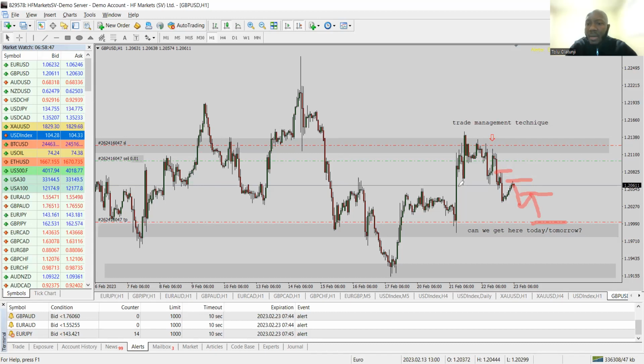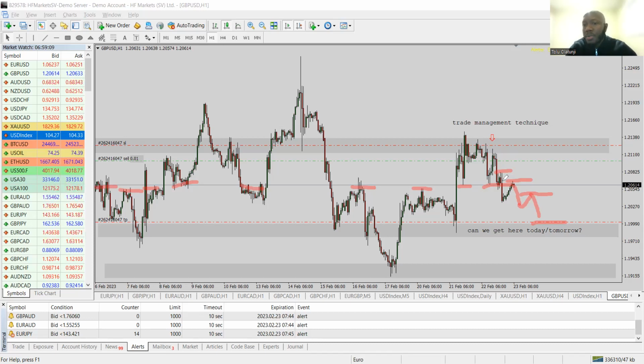You can see there was an area here of trouble where it got to and seems to be reacting to. And to the left-hand side too, you can still see more or less the same thing. You could call it a mini area of interest, trouble. So when it moves to this area, you could have closed part of your position.